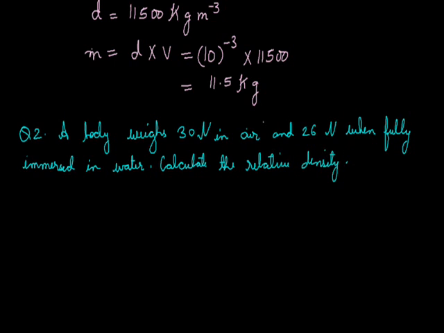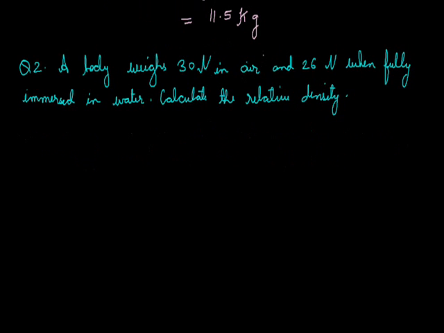We are given in this question the weight of a body in air as well as in water when it is fully immersed. Now we want its relative density. As we know, relative density is density of material upon density of water.